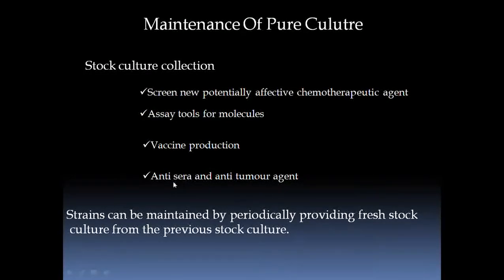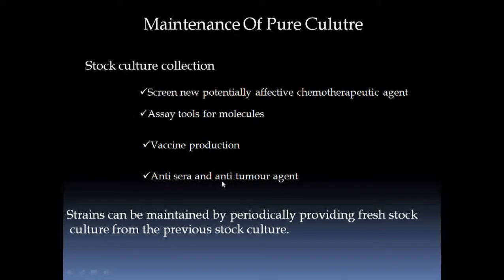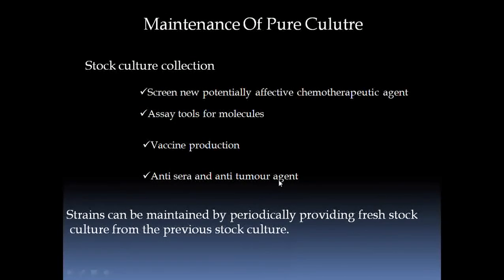Then again I can use it as an anti-sera or anti-tumor agent, as with chemotherapeutic agents. So this is how I can utilize my stock culture. These are the different reasons why I need to maintain my pure culture in a stock form.